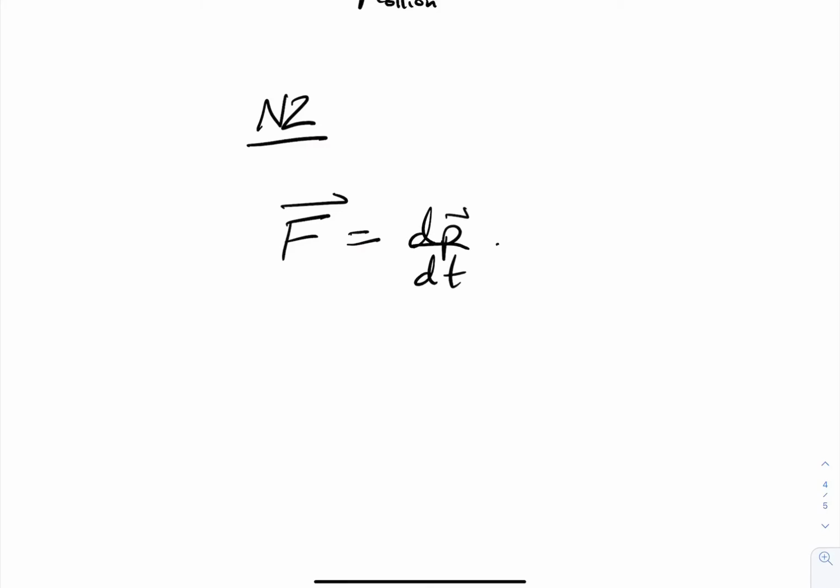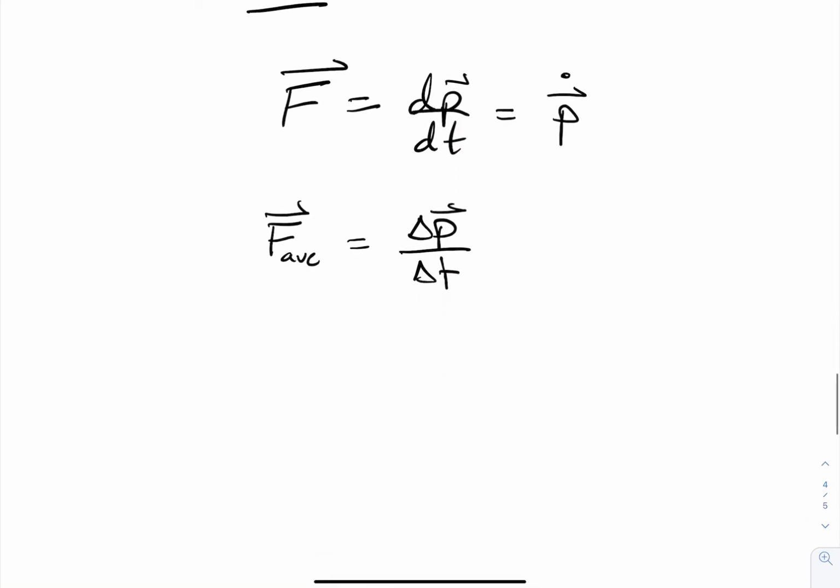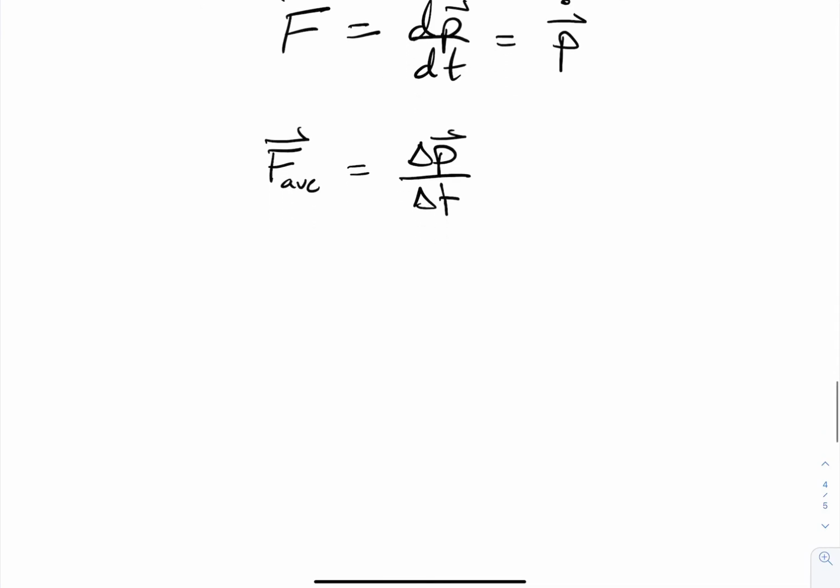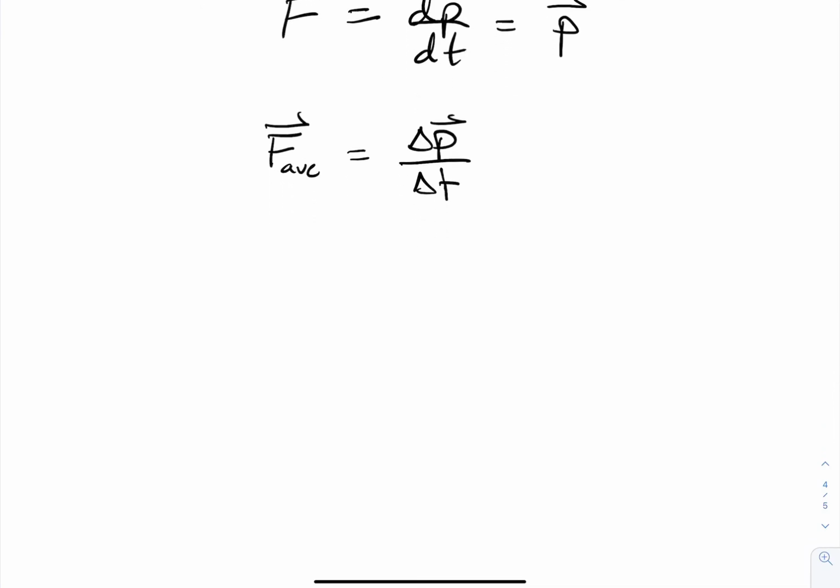Now that's not the notation he used. He would have used p dot like that, but it's the time derivative of momentum. And so for our class, the average force would be equal to the change in momentum over the change in time. So that's really how Newton introduced his law in a sense. He talked about the changing momentum with respect to time being proportional to the force or equal to the force.